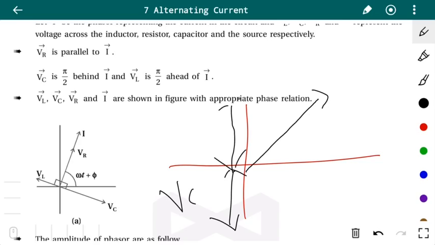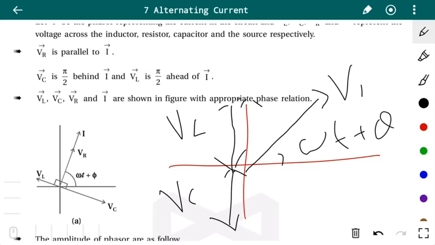In the upward direction there will be VL. Here it makes an angle omega t plus phi. There will be a 90-degree angle between VR and VL.